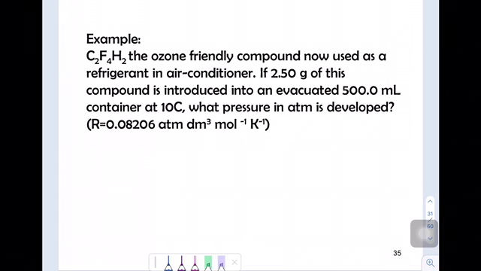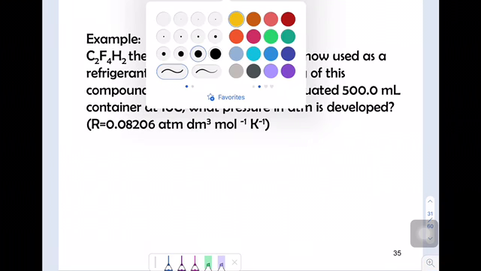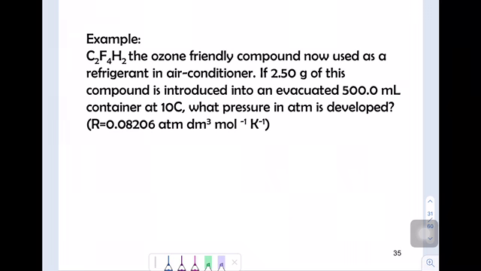Let's look at this example of how to apply PV equal to nRT, the ideal gas equation. We have C2F4H2. It is a compound that is used in air conditioners. If 2.5 gram of this compound is introduced into a 500 ml container at 10 degrees C, what is the pressure in atm that is developed?